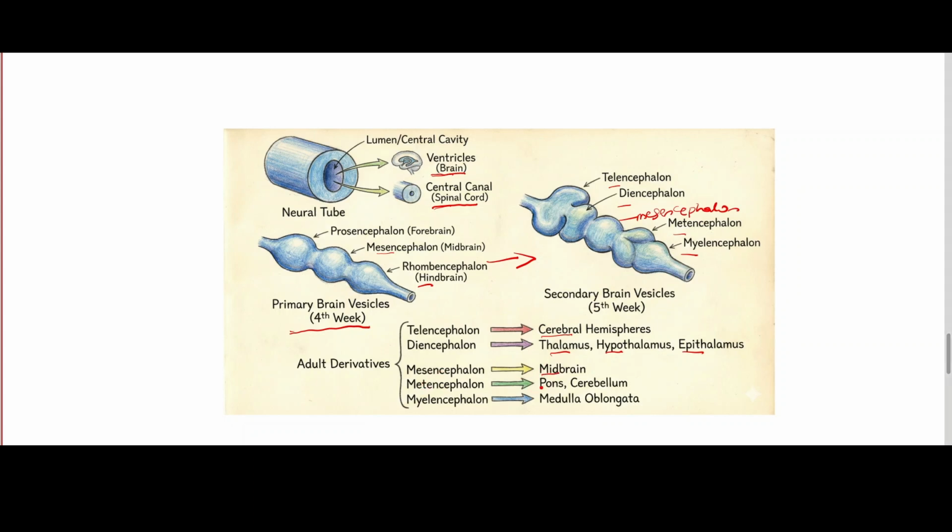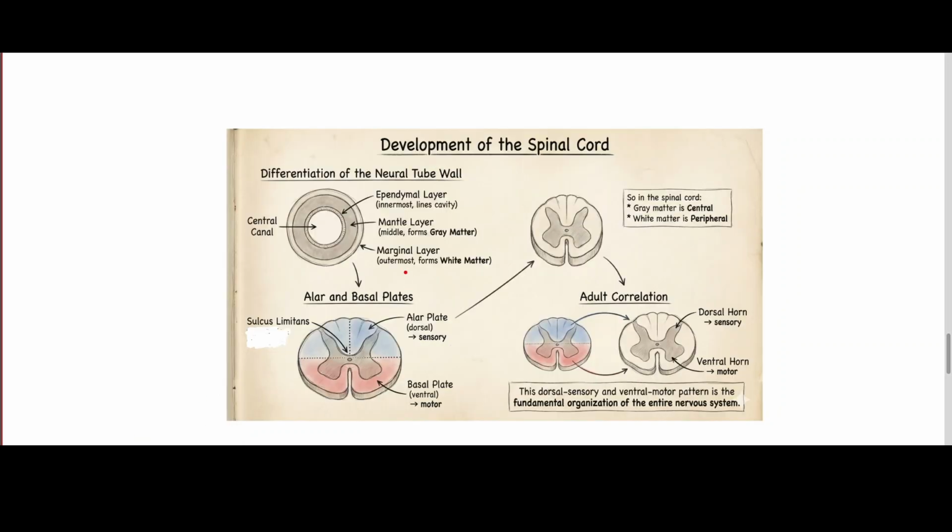The metencephalon becomes the pons and the cerebellum, while the myelencephalon becomes the medulla oblongata. So this is basically how the cranial part of the neural tube eventually forms these brain structures. Now let's look at the spinal cord.